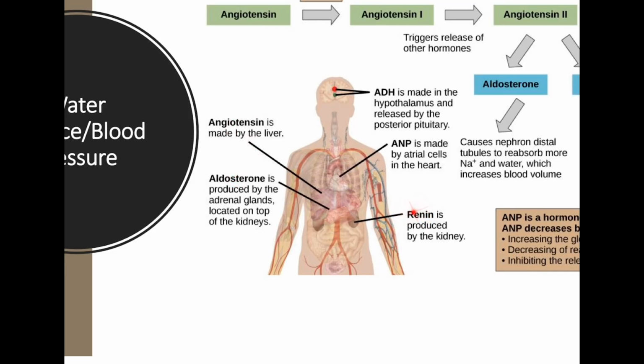Then we have the antidiuretic hormone, which is produced by the hypothalamus. The hypothalamus is a very critical region of the brain. It's really tiny, but for its size, it really does a lot. So it makes the antidiuretic hormone that is stored by the posterior pituitary. Now it's interesting because the hypothalamus and the pituitary gland are both masters of the endocrine system.